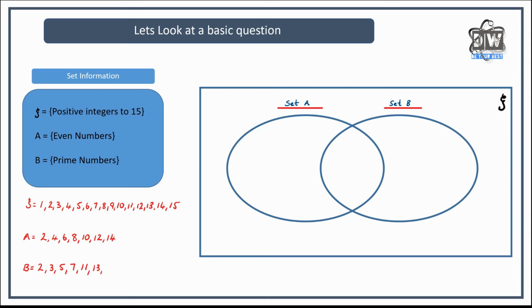So let's start with 1 and move upwards. So you'll find 1 is not in A and it's not in B. So it sits outside those two circles or ovals. Now 2, well, we can see 2 is in both A and B. So it goes in between both. 3 is in B on its own.